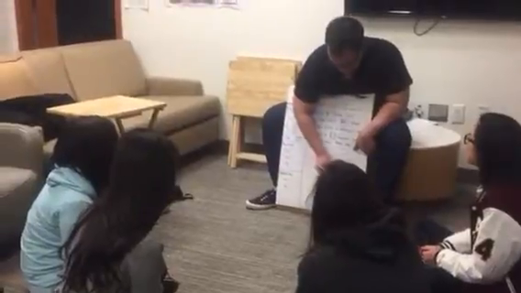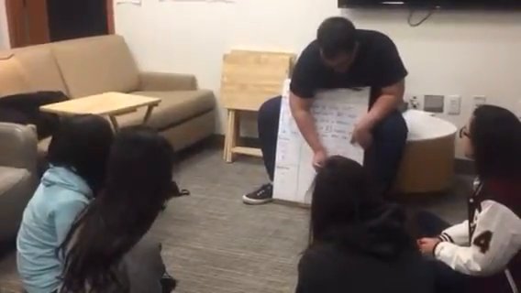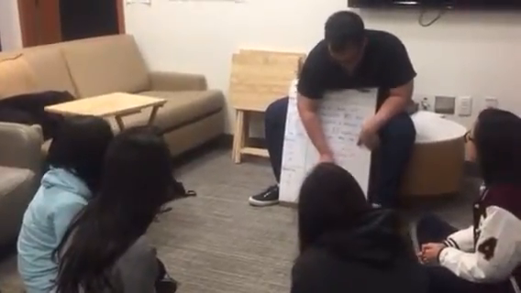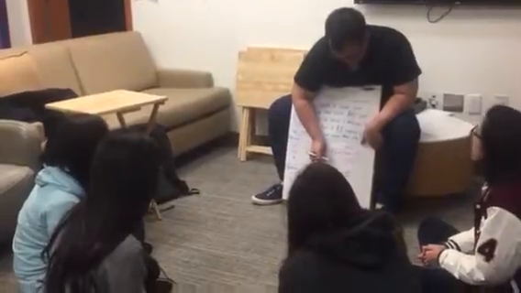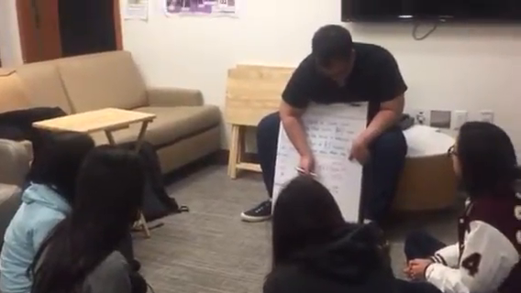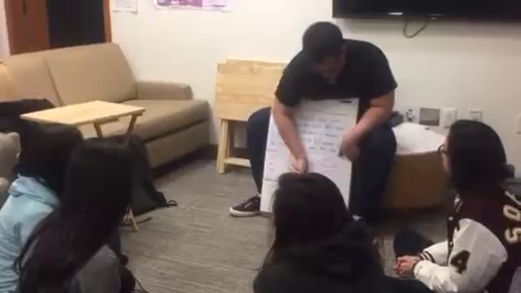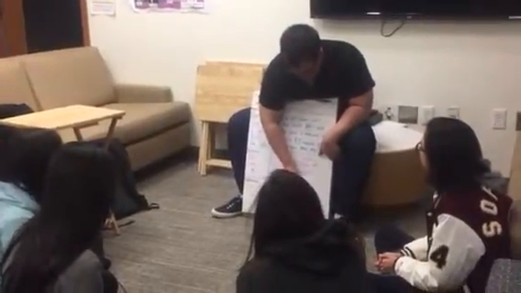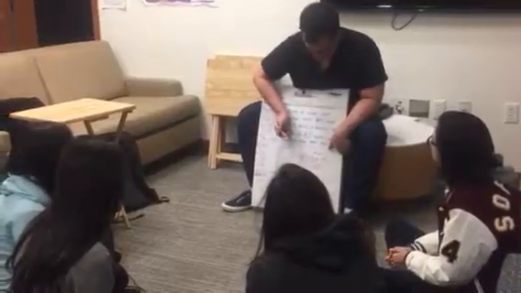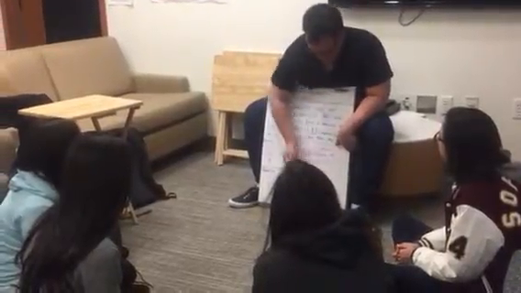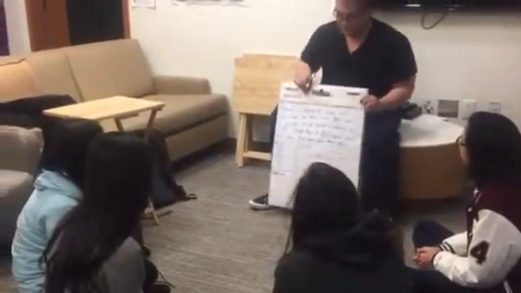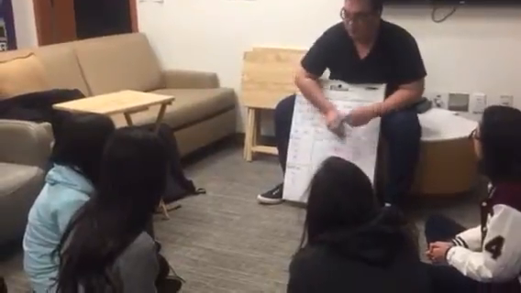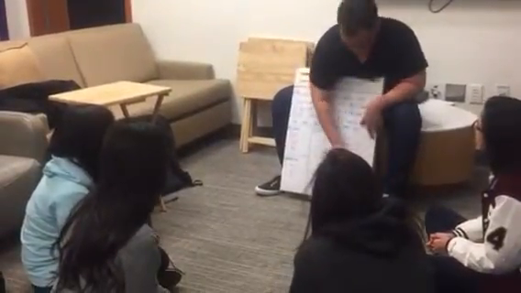And now we're left with 6, 8, and 1. Okay. So what's 6 times 8? 48. Nice.